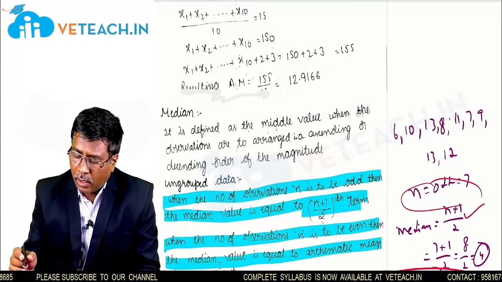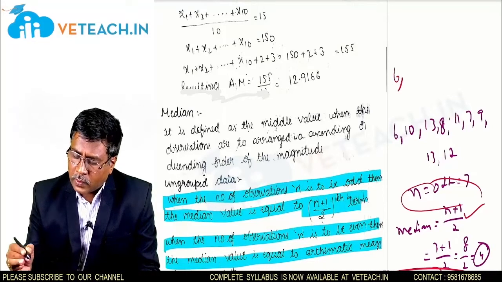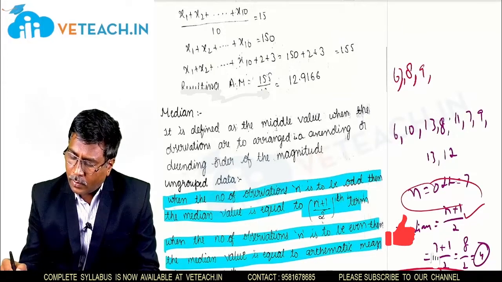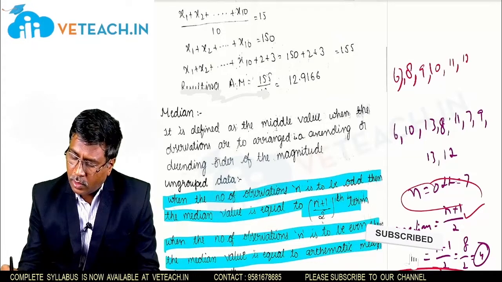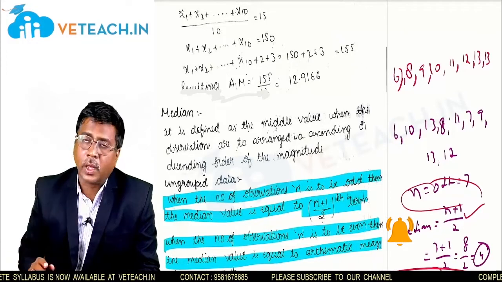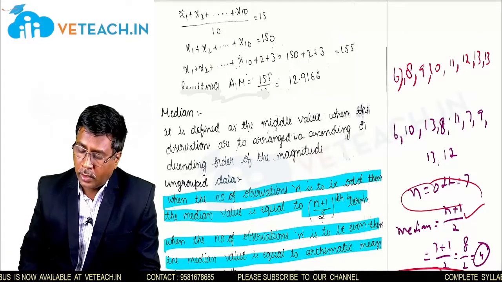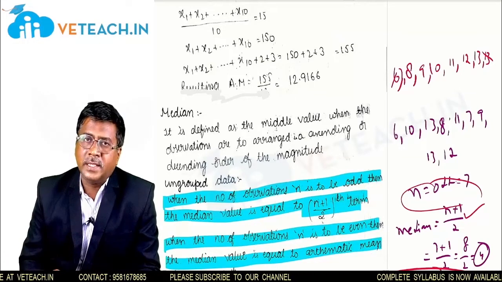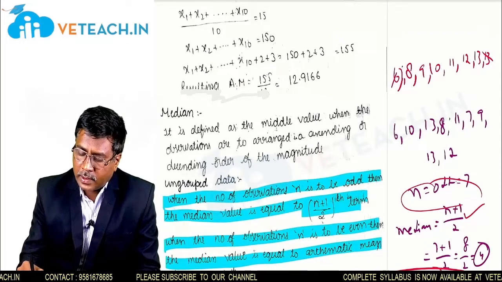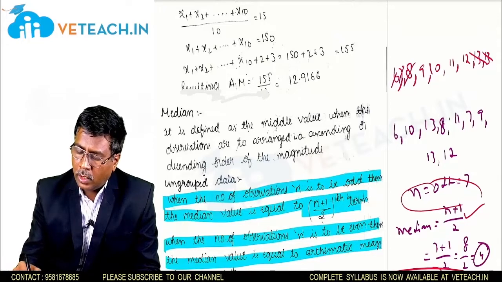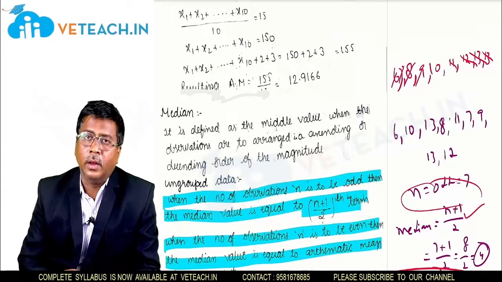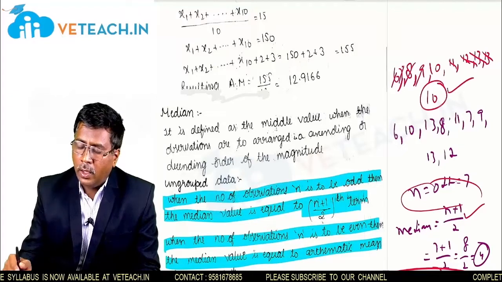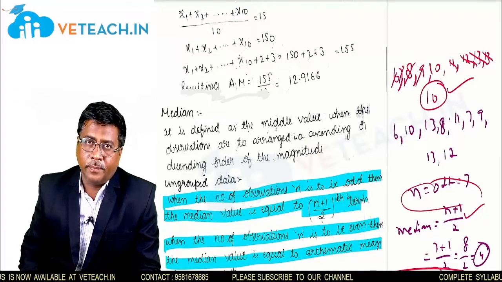Arranging in ascending order: 6, 7, 8, 9, 10, 11, 12, 13, and 13 appears two times, so write it repeatedly. Now cancel the terms at the exterior and interior points, that is 6 and 13, 7 and 13, 8 and 12, and 9 and 11. The value 10 remains exactly in the middle, and that is the median of the given ungrouped data.